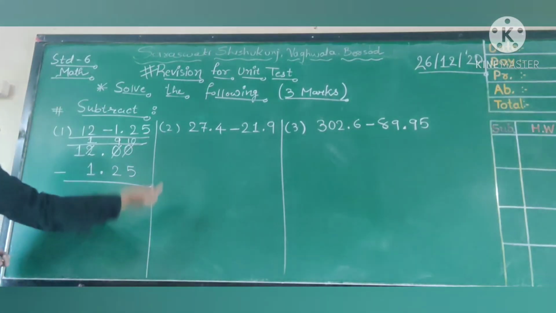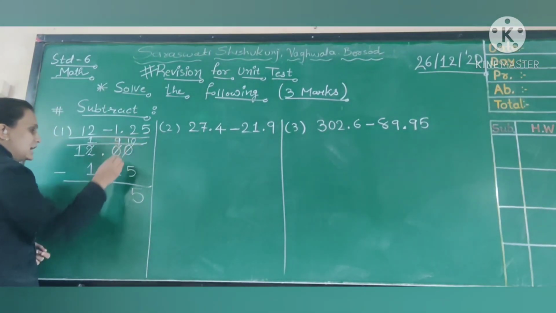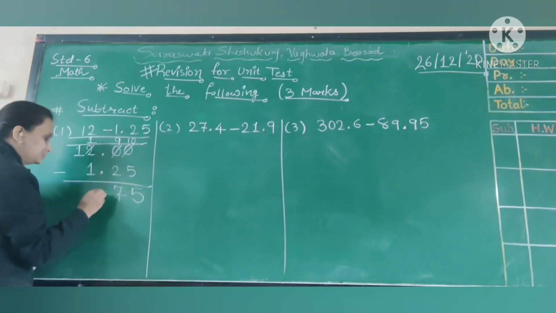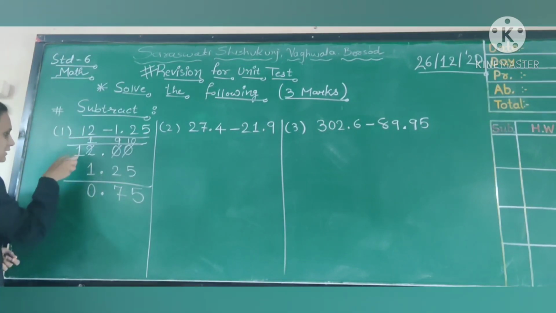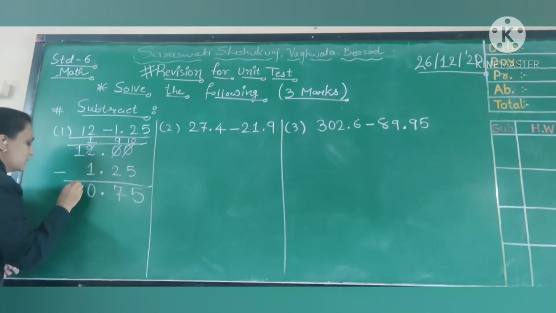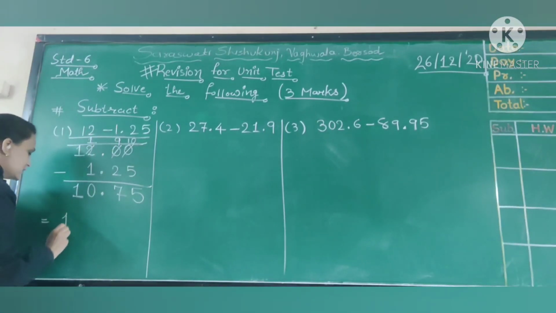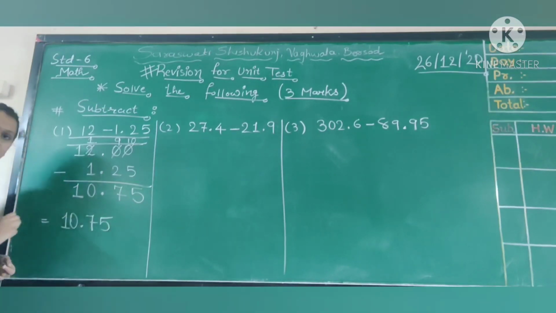Now let us start the subtraction. 10 minus 5, 5. 9 minus 2, 7. Then after the decimal, 1 minus 1 equals 0, and here 1 is given, so 1 stays as it is. So the answer of the subtraction is 10.75.